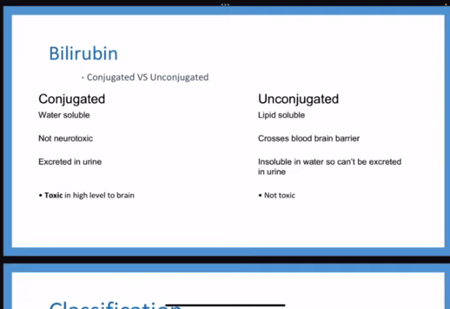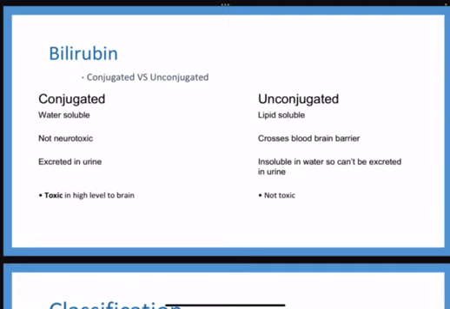It is lipid soluble, meaning that it can cross the blood-brain barrier, and here comes the risk of CNS toxicity, specifically in newborns. I think you have the old version of the lecture that says unconjugated is not toxic in this table. Unconjugated is a toxic form because it's lipid soluble.